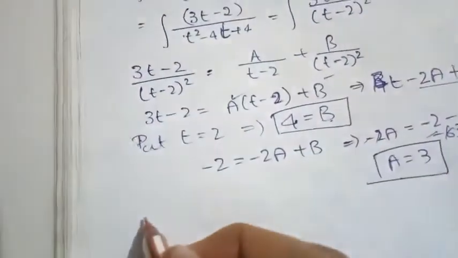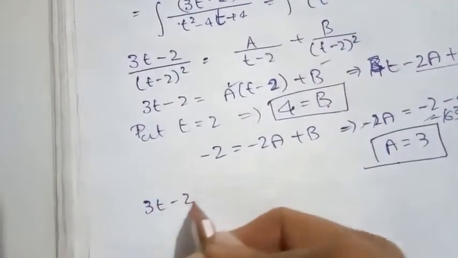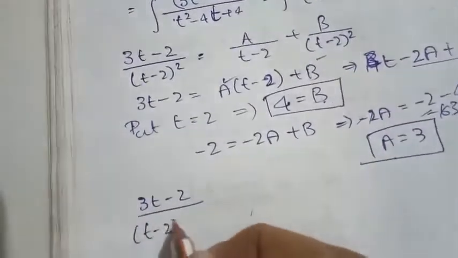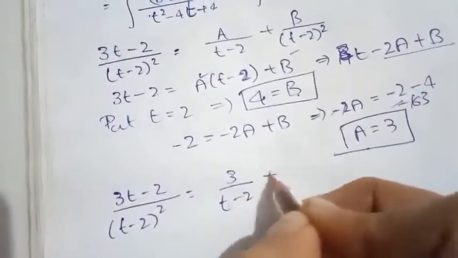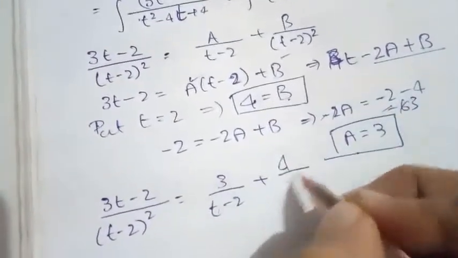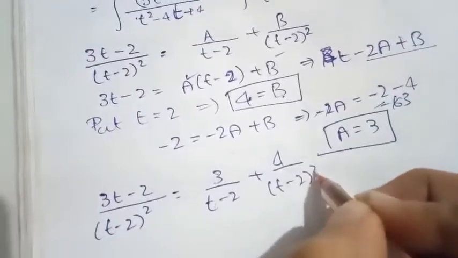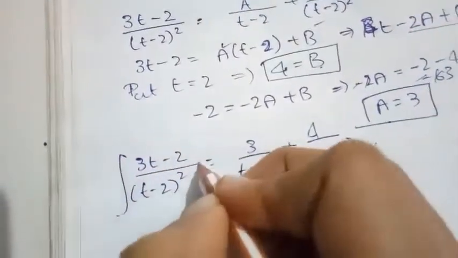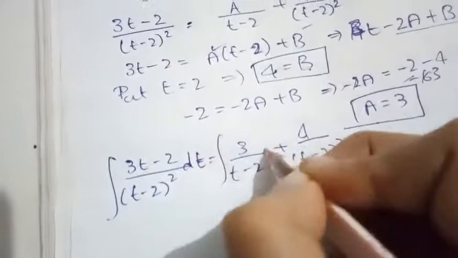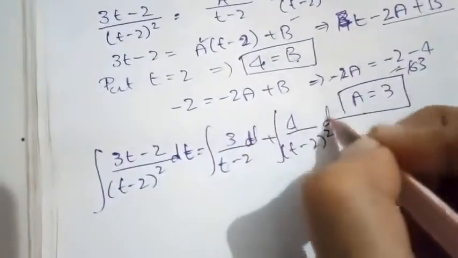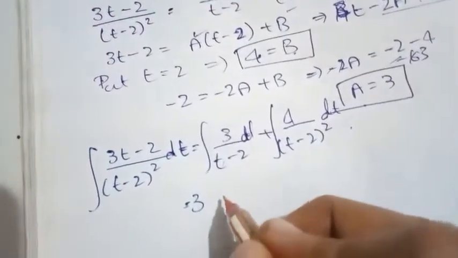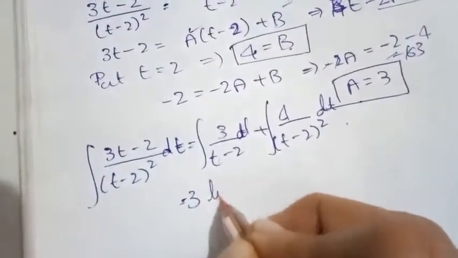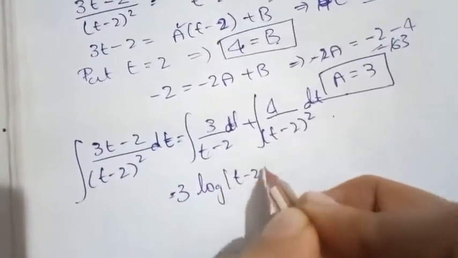Now what happens? That is (3t minus 2) divided by (t minus 2) whole square is equal to 3 divided by (t minus 2) plus 4 divided by (t minus 2) whole square. Now integrate this part with respect to t. The constant 3 is taken outside. dt divided by t minus 2 is log mod t minus 2.